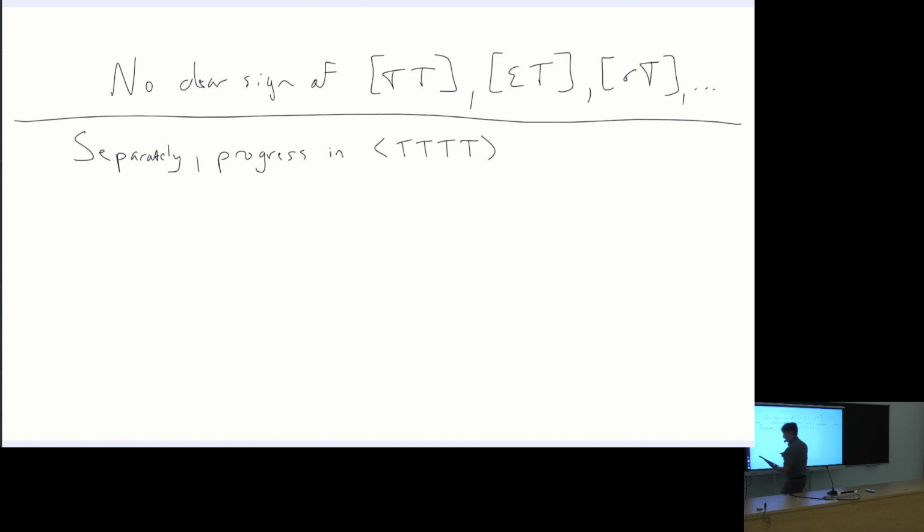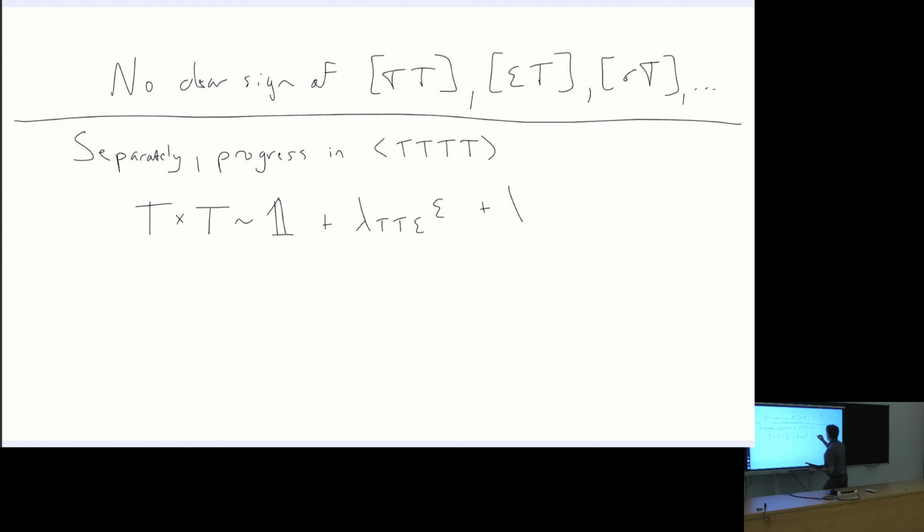Well, so here, if you look at the TT OPE, you get the identity, you get the epsilon operator, with some coefficient TT epsilon.